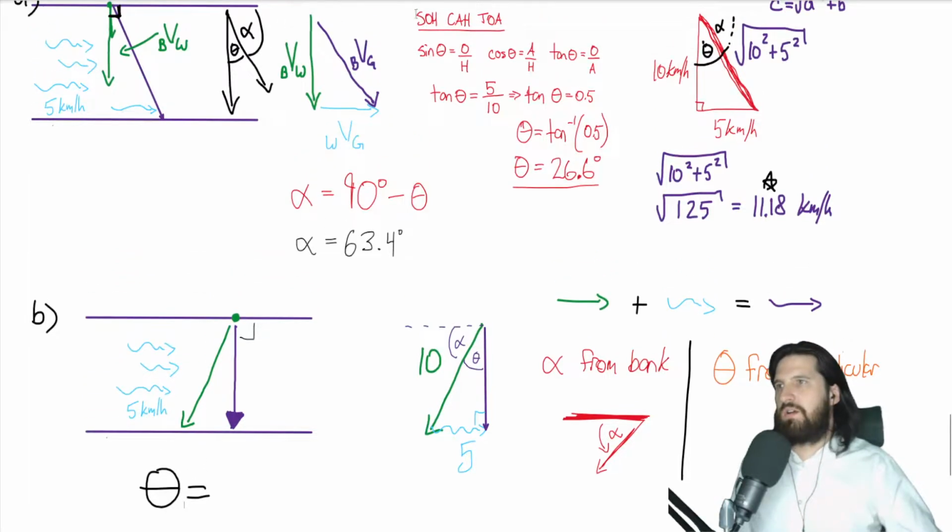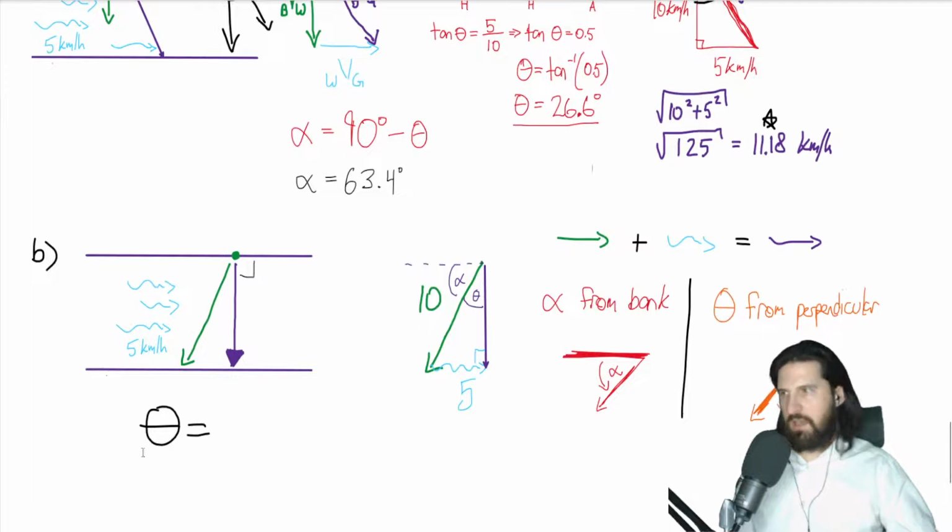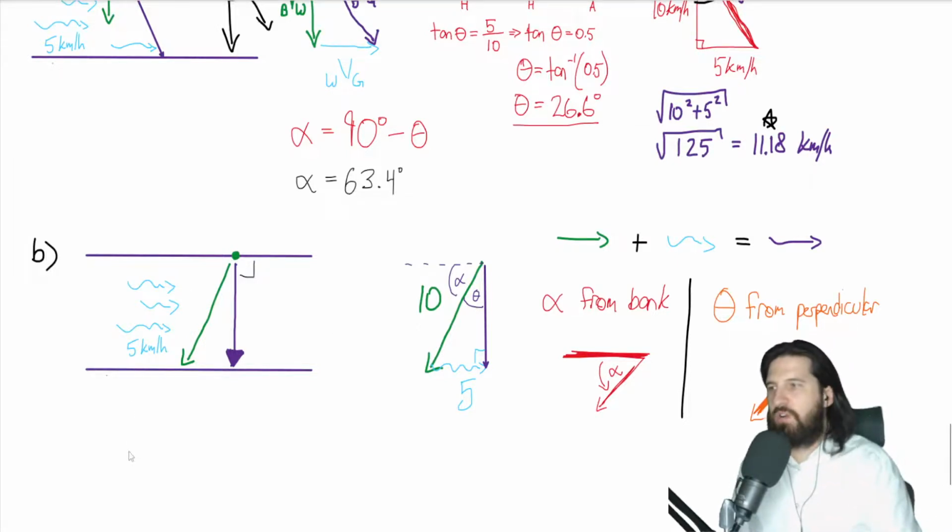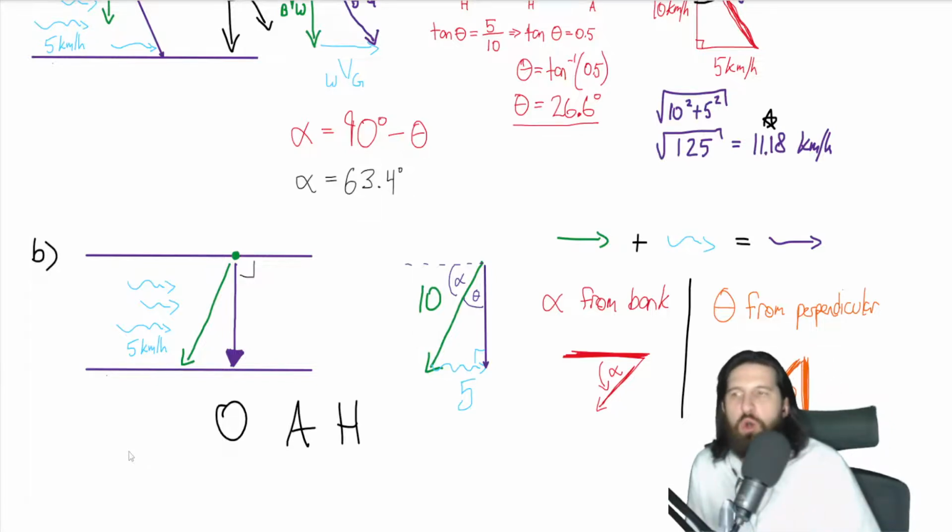Okay, so remember what we did for theta last time? We used SOHCAHTOA, right? So we are going to use it again. Good. Who do we have of O, A, and H? Let's maybe try to label O, A, and H for theta here.